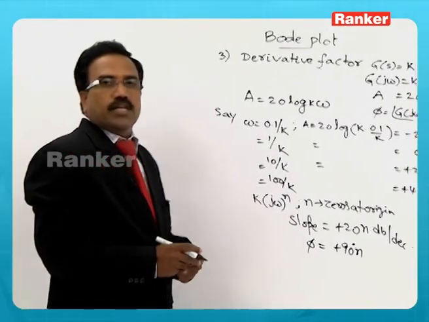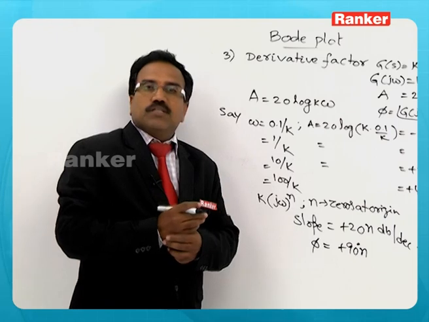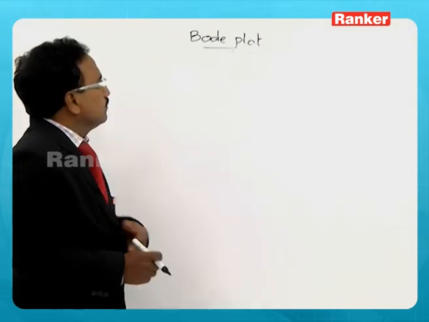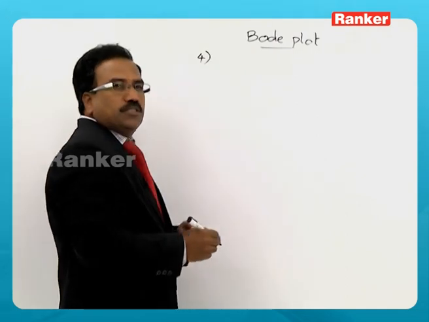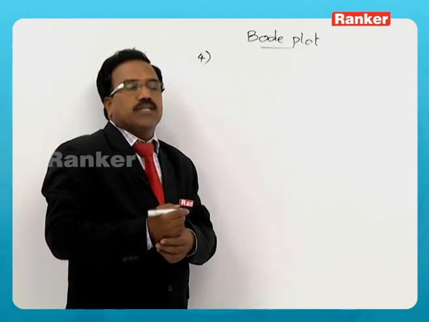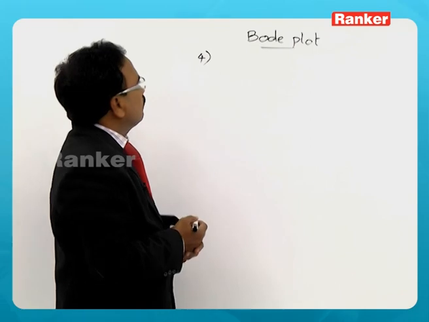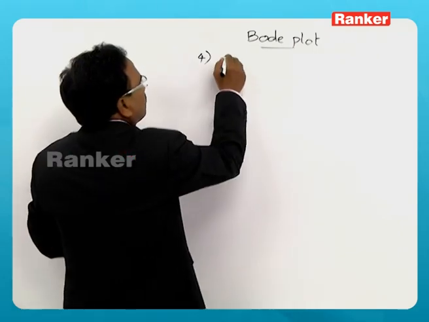It is again a straight line, but it depends on the value of n. So, let us see how the magnitude and phase plot can be drawn for first order denominator term.